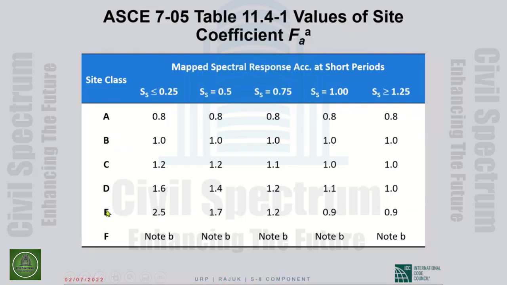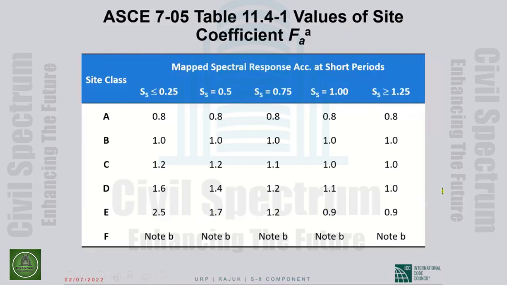For the same site class E, you see when the ground motion is low, the amplification F sub A is high. And as the intensity of ground motion increases, we are looking at lower and lower amplification factors. These are all based on observations.